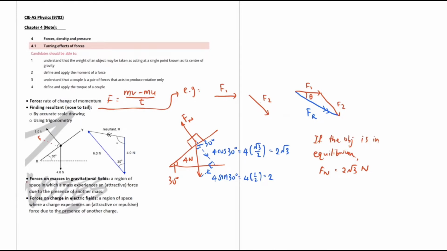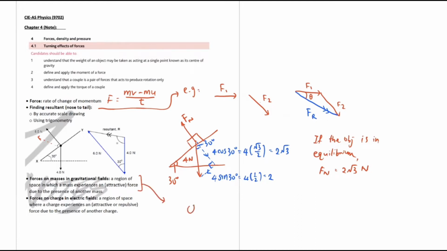The next point, forces on masses in a gravitational field. A gravitational field is a region of space in which a mass experiences an attractive force due to the presence of another mass. What idea is this? Let's say, for example, I start from something big first.